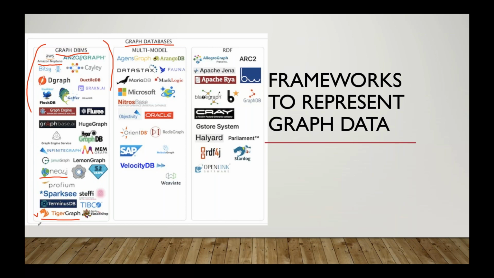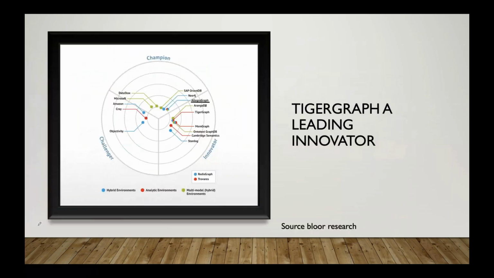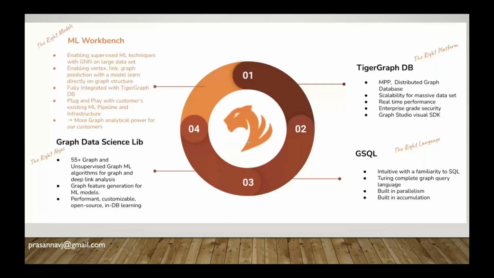Among the top providers, Tiger Graph is predominantly doing well and leading in terms of providing innovative solutions. Let's look at the Tiger Graph perspective. What are the different features that they are providing? There are four main features of Tiger Graph.